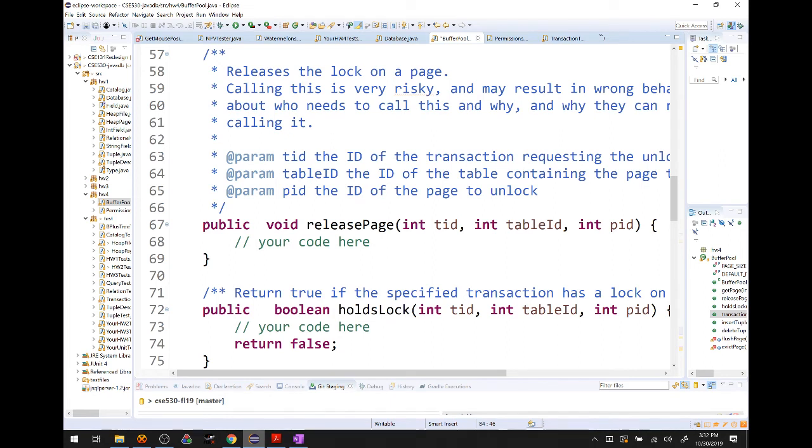Well, if I'm acquiring, I know that I don't use access.